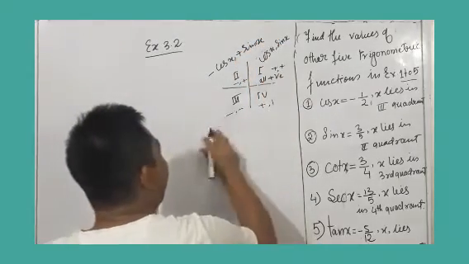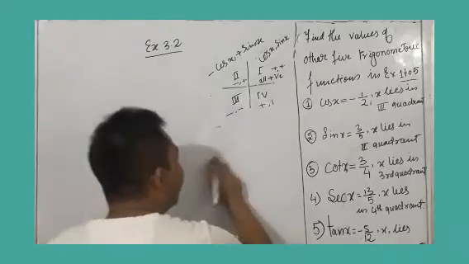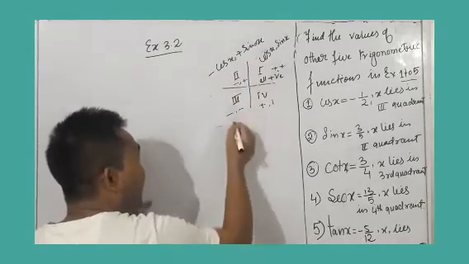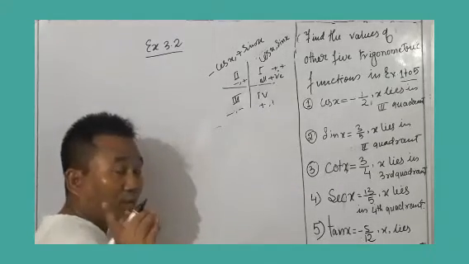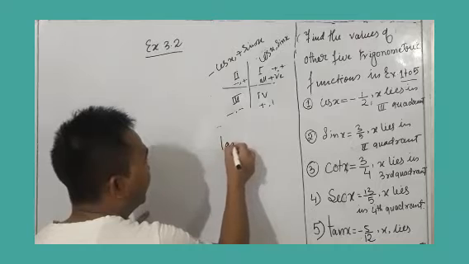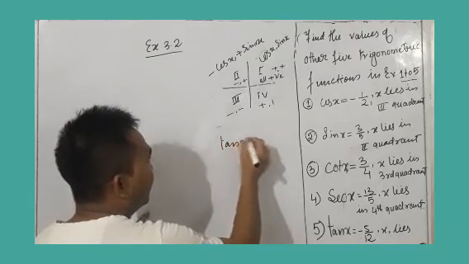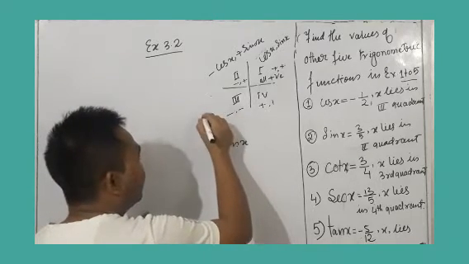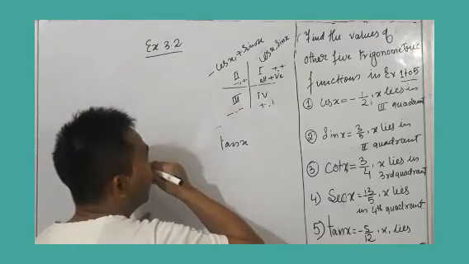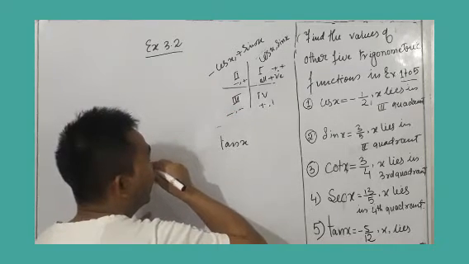As we know, if cos x and sin x are both negative, then tan and cot will be positive. How is it?